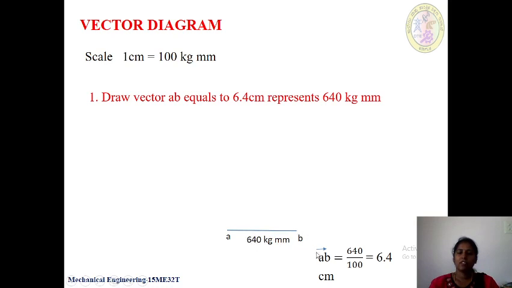So the scale conversion we have taken is vector AB equal to 640 kg/mm divided by 100 kg/mm. So that is the scale value we have taken here, that is equal to 6.4 centimeter in the direction towards B.